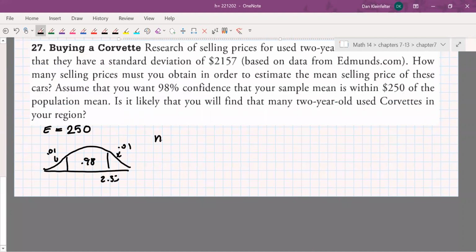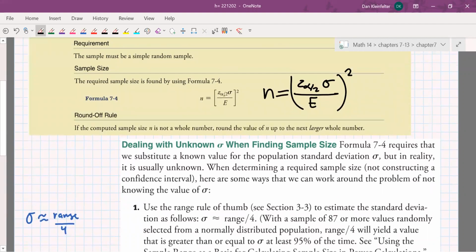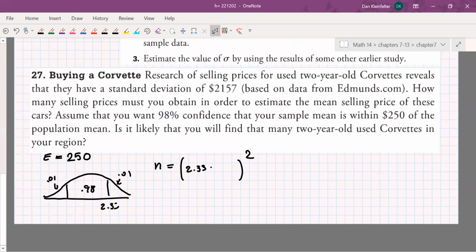Okay, so then our n is everything squared. It's z alpha over 2, sigma over e on the inside. So everything squared, the z alpha over 2, which was our 2.33, times the sigma. We're told that the standard deviation was 2,157.